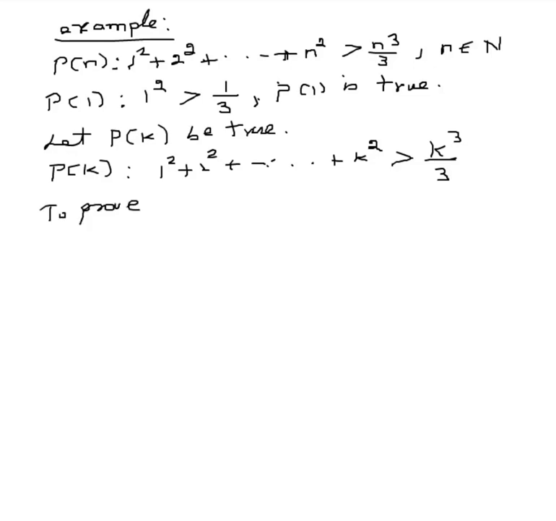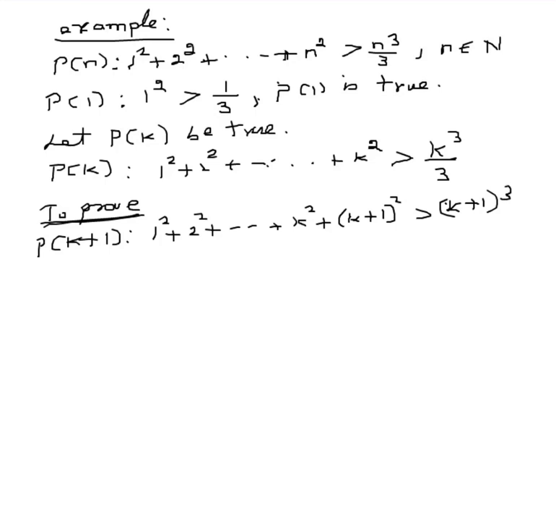To prove p of k plus 1 statement, which is 1 square plus 2 square plus etc. I am writing the kth term and then k plus 1th term. We have to show that it is greater than k plus 1 the whole cube by 3.